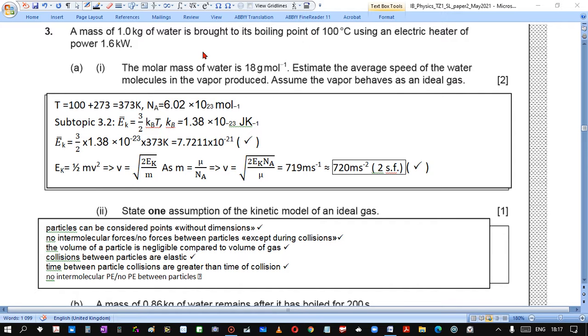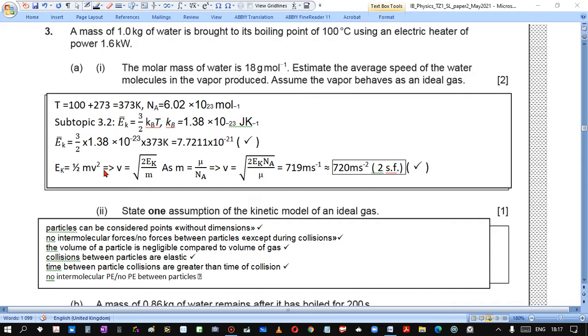So we change temperature into Kelvin. We need the Avogadro number. So from subtopic 3.2 we understand that kinetic energy depends only on temperature, and we need also the Boltzmann constant from the data booklet, and at the same time kinetic energy is half m v squared.